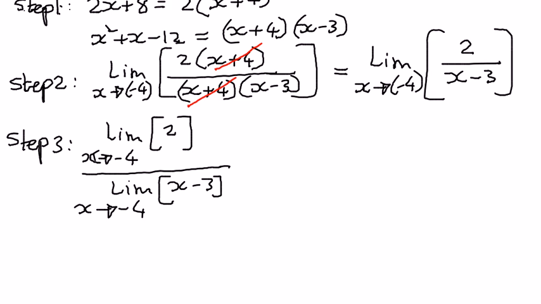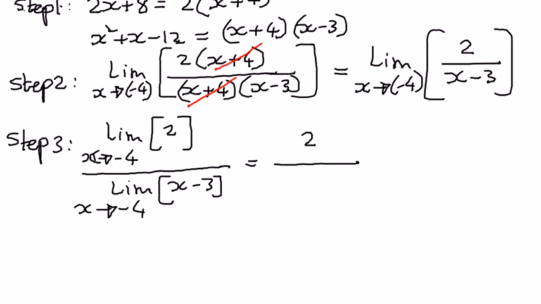Therefore, we can now substitute the value of x equals negative 4 in the given expression, and when we do that, it is going to come out as follows. In the numerator part, the limit of a constant number is not going to change anything, so it is going to remain as 2. And in the denominator, we have limit x minus 3 as x approaches negative 4.